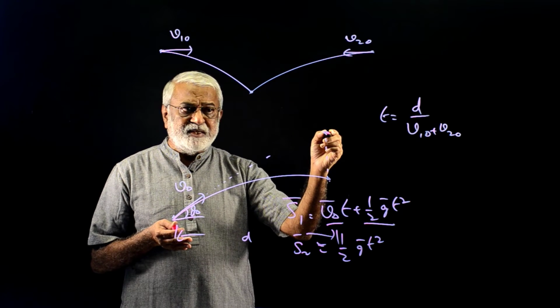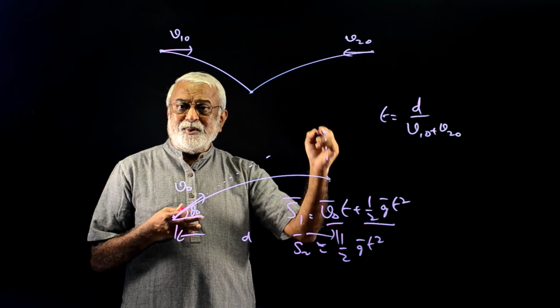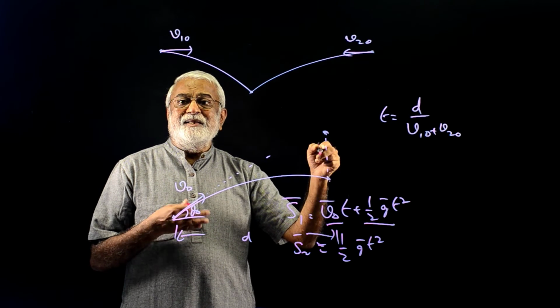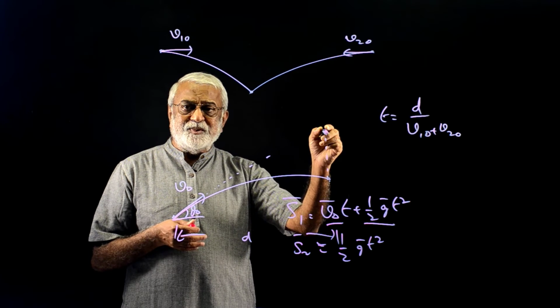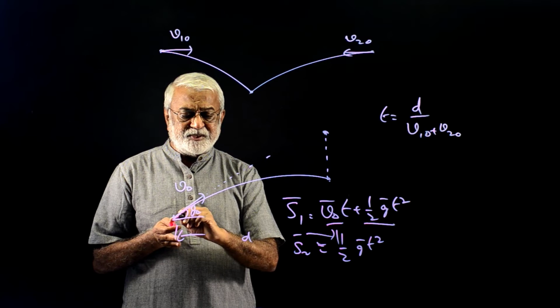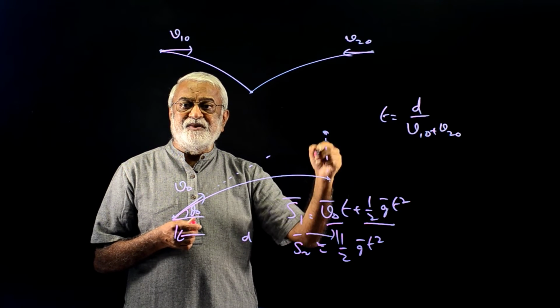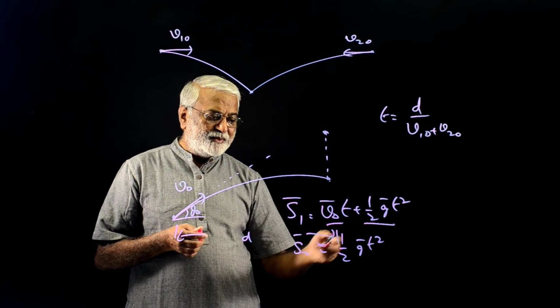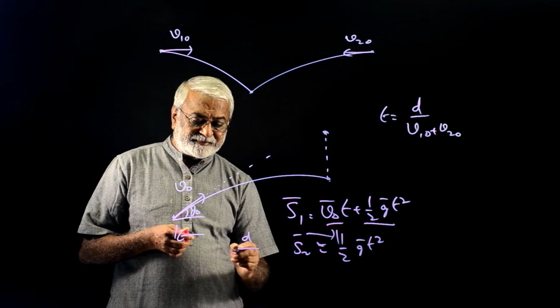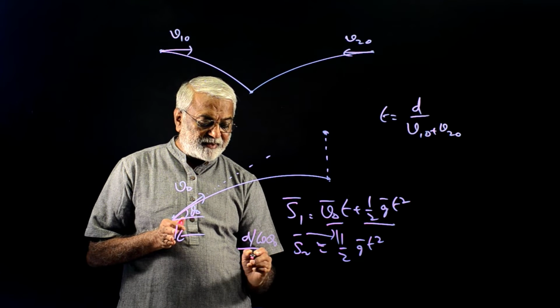In the absence of gravity, this would not have fallen. This would go and hit it here. So the collision occurs in the same time, but not at this position. It is half g bar t squared below. That's what gravity does to these bodies. From the position where it would have been in the absence of gravity, it is half g bar t squared below. So this time is d by cos theta naught by v naught.